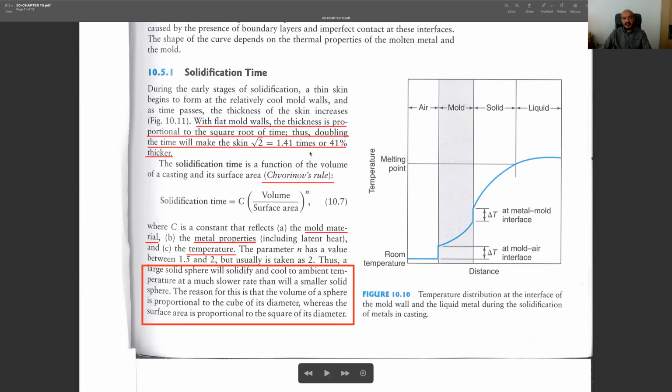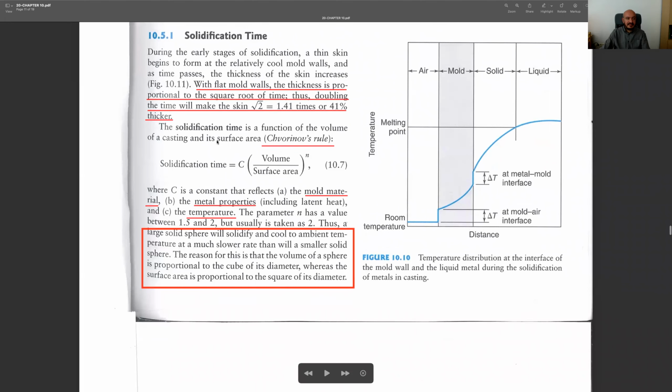So roughly, if you multiply the time you are waiting by 2, then what will happen? The wall thickness will be a bit thicker. What is that value? It will be 41% thicker than the initial case. So we can say that the thickness is simply proportional to the square root of time.